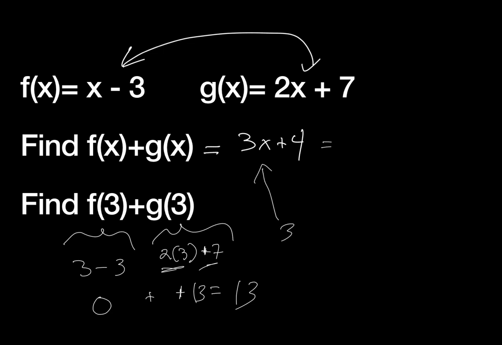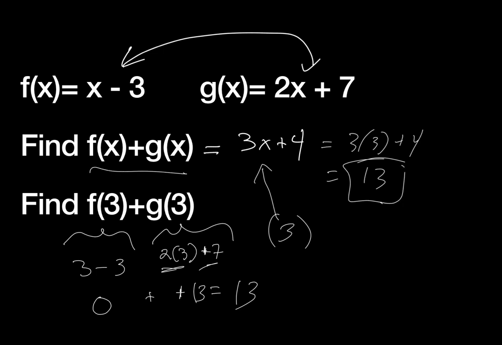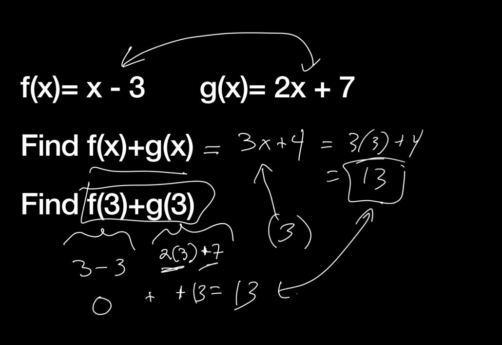Plug in 3 for that x. 3 times 3 plus 4. 9 plus 4 is 13. If I find f of x plus g of x, and if I take f of 3 plus g of 3 and add them up, they'll be equal to each other because, well, they're equivalent functions.